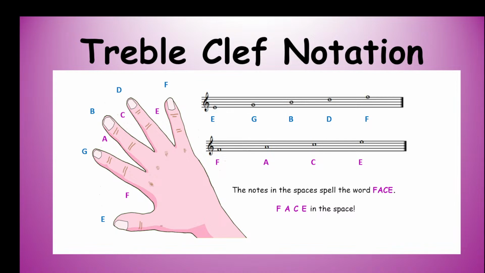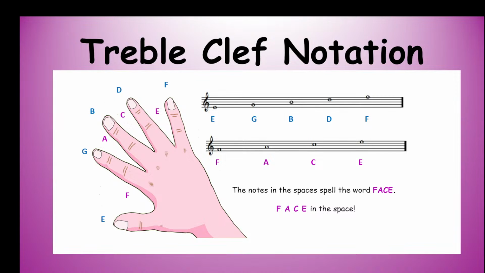So, in front of you, you have a diagram that is showing you something called treble clef notation. Now, you can see the 5 lines that I was talking about, and those 5 lines are where the notes are written.